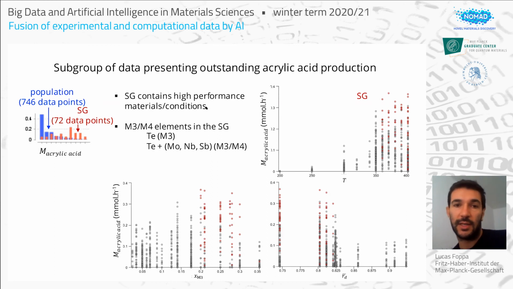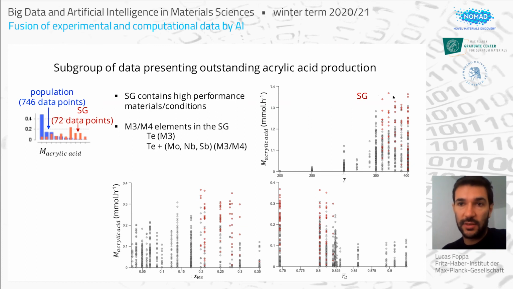And now we can look at how we can visualize the subgroups in these plots. Here we have the acrylic acid production rate on the y-axis, and on the x-axis temperature, the amount of M3, so the composition in M3, or the average of RD, which is the radius for maximum d orbital value, and density value.